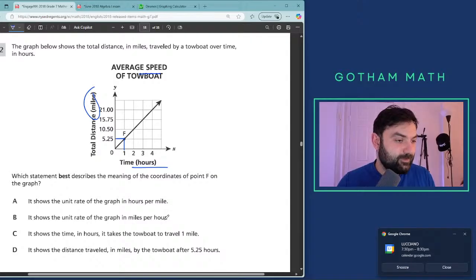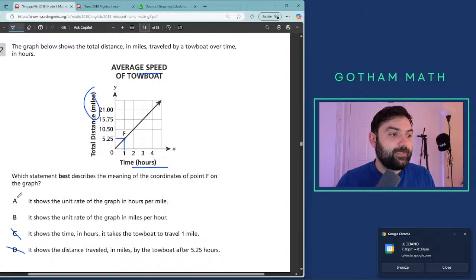Well, that's what it's going to be. But let's keep reading. It shows the time in hours it takes the towboat to travel 1 mile. No, there's no 1 mile anywhere here. So it shows the distance traveled in miles by the towboat after 5.25 hours. No, 5.25 is miles, not hours, right?